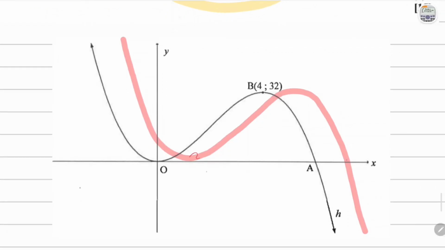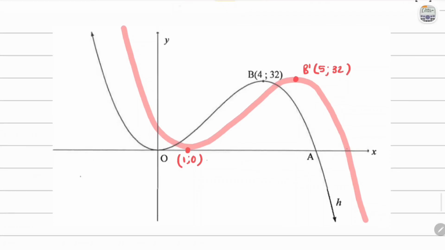If it moves 1 unit to the right, then its new turning point on the x-axis would be at 1 and 0. Okay, and the other turning point, it moved from 4 and 32. The y value doesn't change, the x value changes. It moved to the right, so it's now going to be at, let's call that b prime, 5 and 32. So keep that in mind first.